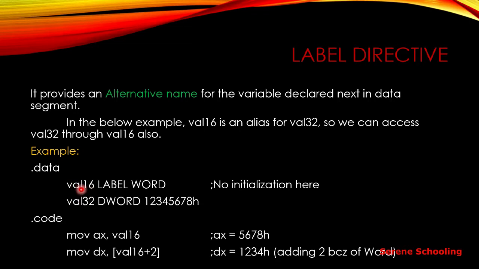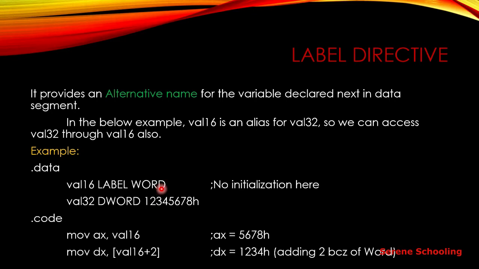So here you can see my alias name is val16. This is the label keyword we have to write as it is, and here you don't have to write word all the time. You can write dword, byte according to your choice or convenience. Why I'm writing word over here, you can see this while.